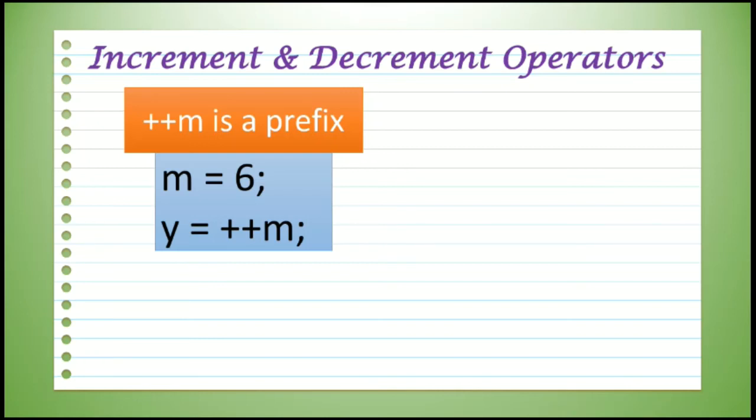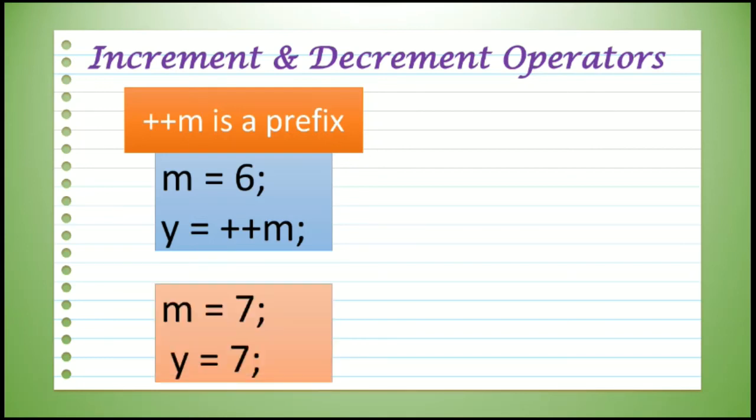So here we are using the prefix operator, that means first the value of m, that is 6, will be incremented by 1. So the new value of m will be 7 and then that value will be assigned to y. That means the value of y becomes 7. So after evaluating both the statements, y will be 7 and m will be 7.